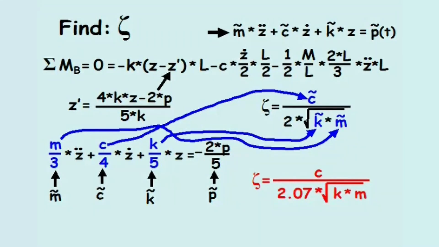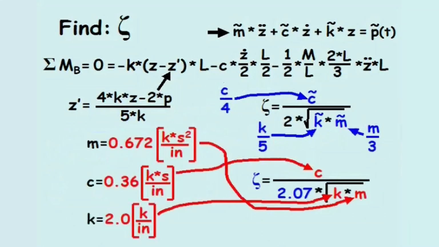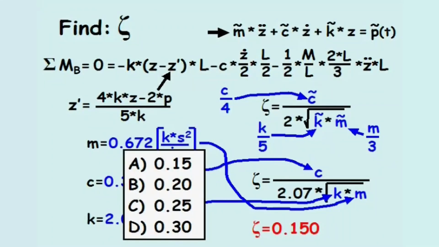Plugging in the actual values for m, c, and k provided in the problem statement, the damping ratio equals 0.150. When reviewing the possible solutions, the answer is A.